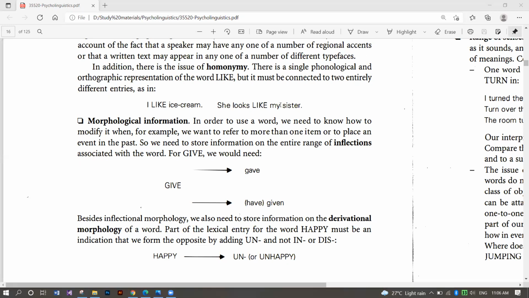If you want to make the opposite of happy, you need to use un, you cannot use in or dis. So these are actually the information that you need to store in your mind in order to have proper morphological information, to store it properly.